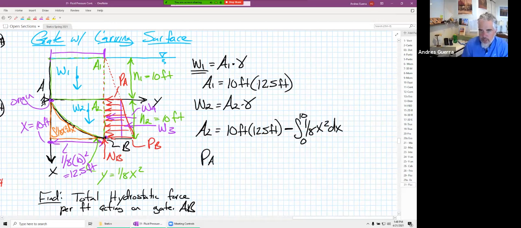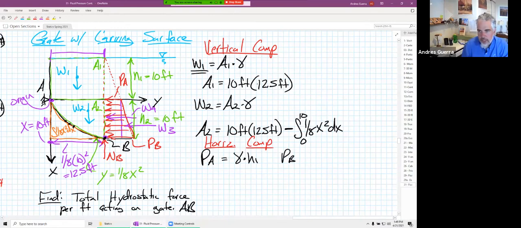Let's move on. These are for the vertical components. How about our horizontal components? PA is going to be equal to gamma times H1. PB is going to be equal to gamma times H1 plus H2.